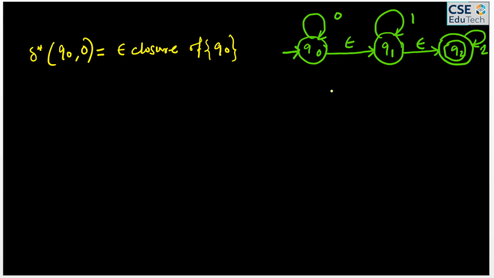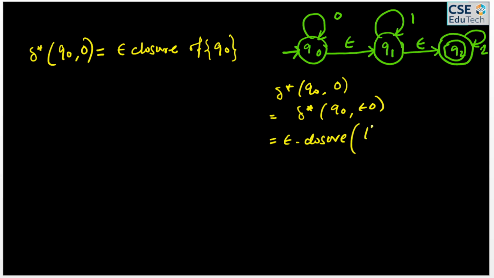Again, we can do this. Delta star of Q naught comma 0 we can write as delta star of Q naught epsilon 0, which is basically the epsilon closure of the union of delta of R comma 0, where R belongs to delta star of Q naught and epsilon.